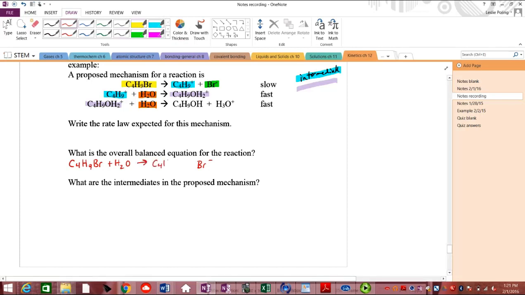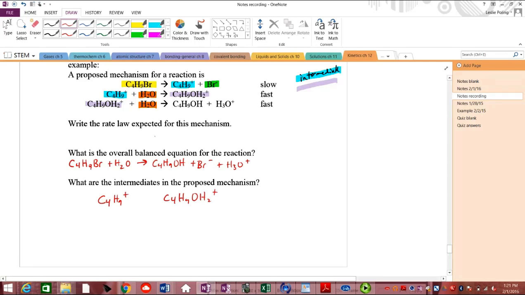So C4H9OH, Br minus, and H3O plus. That is the overall balanced equation. The intermediates are the C4H9 plus and the C4H9OH2 plus, things that are produced and then used up.